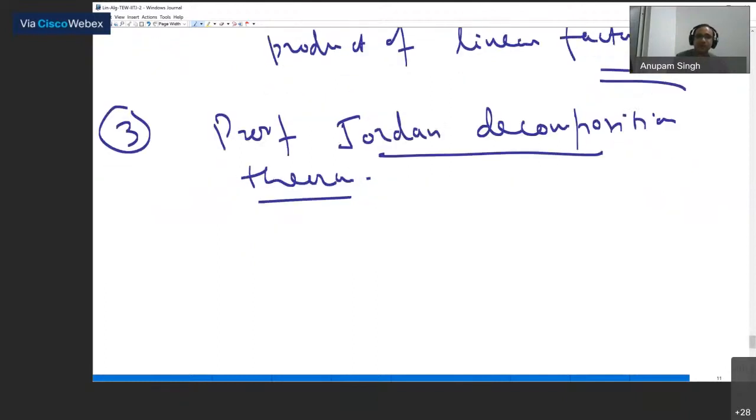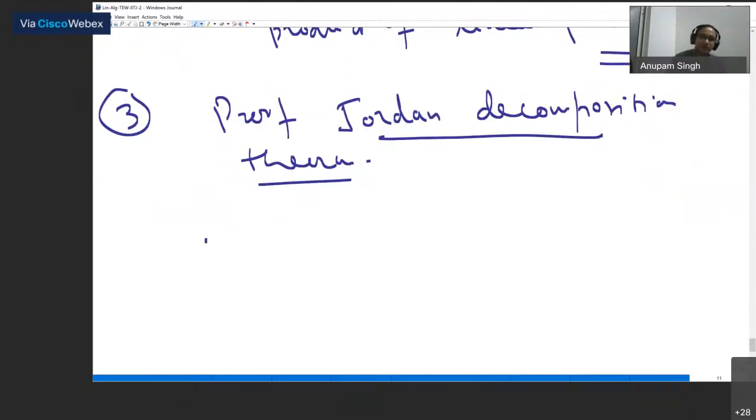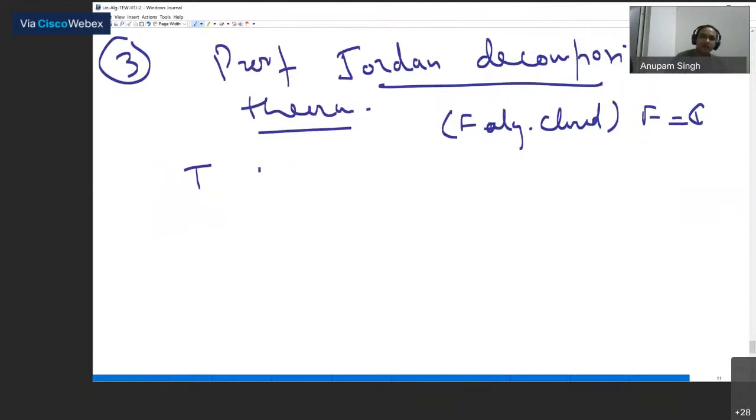So let's try to do this. Remember for the Jordan decomposition theorem, I assumed F is algebraically closed. You can take, for example, F equal to C. So I have T in End V.